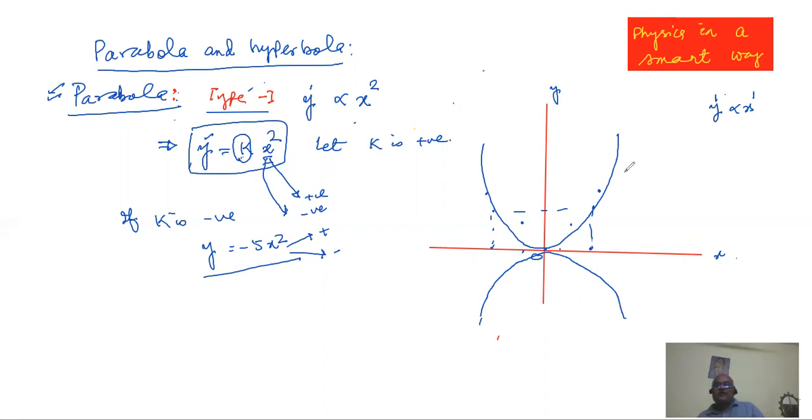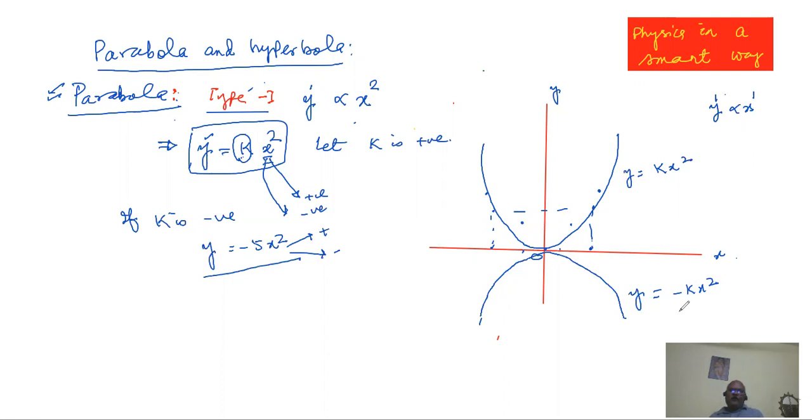So this curve refers to y equal to kx square, and here you may say y equal to minus kx square. But one thing we have to keep in mind, that k is always positive because I have already incorporated the minus sign. Okay, I think you got it.